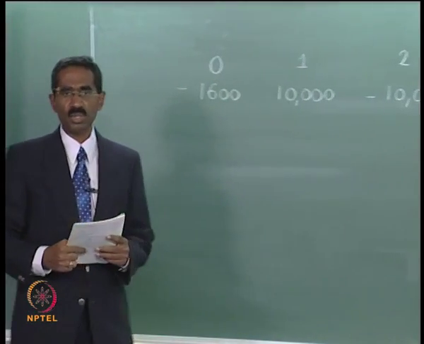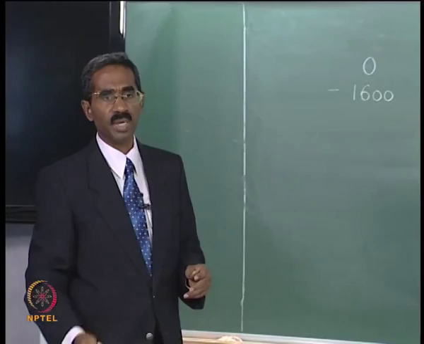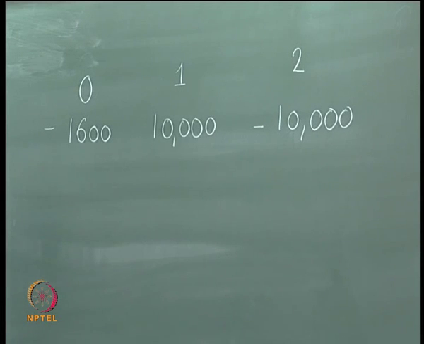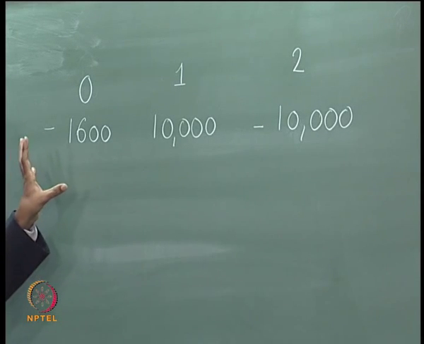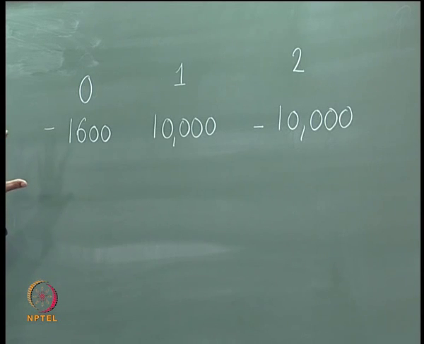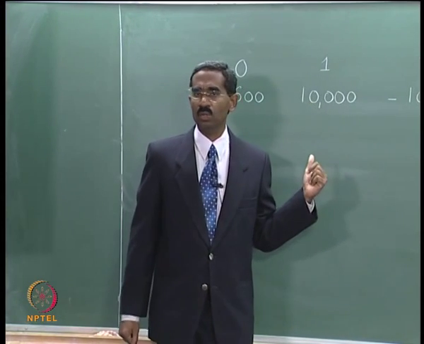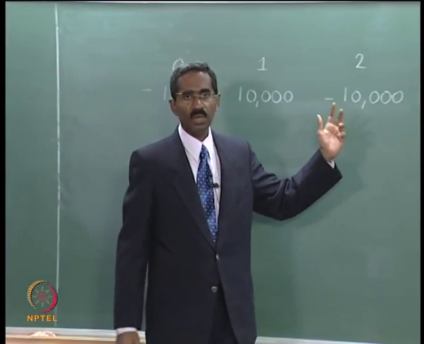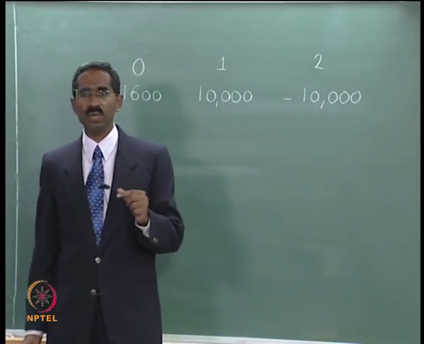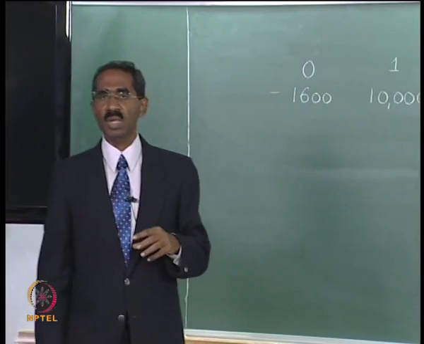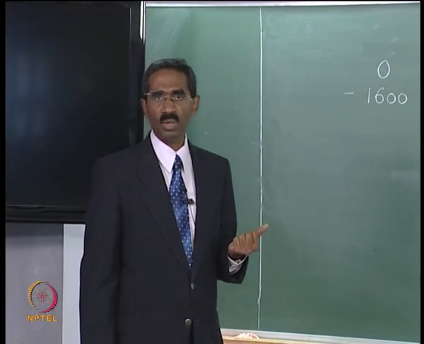Under what circumstance can this kind of cash flow pattern occur? In year 0 we are very clear that the negative cash flow is because of the initial investment, and year 1 is a positive cash flow that accrues from the project. In year 2 again we are seeing a negative cash flow. The negative cash flow could be because an additional investment is needed for the project.